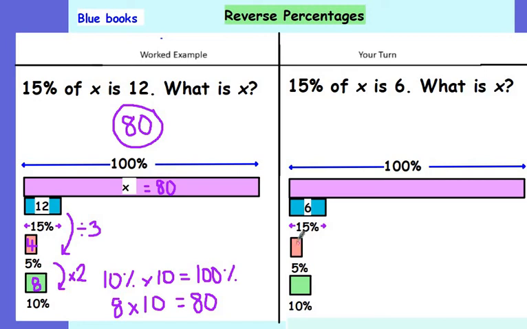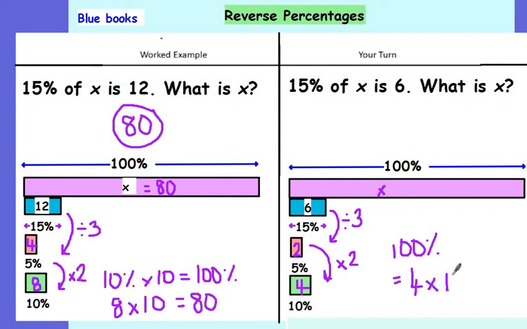However, what I could do is work out what 5% is by dividing by 3, which gives me 2. I can then work out what 10% would be by multiplying by 2, which gives me 4. I can then work out what 100% would be, or what my original number x would be, by doing 4 times 10, which gives me 40.